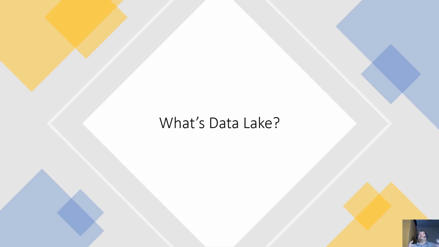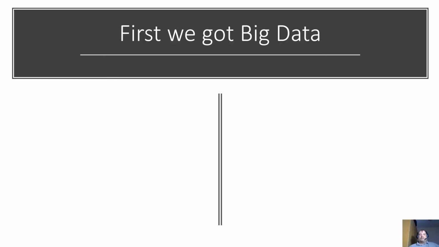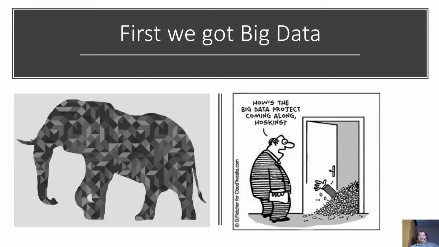What's a data lake? First, we got big data. Internet and IoT brought us big data. What's big data? Basically, it's any amount of data that you are unable to process with your current resources, hardware resources, in the time you need.